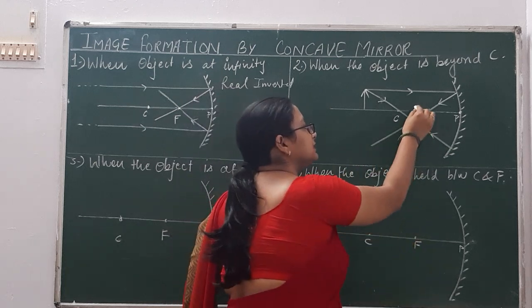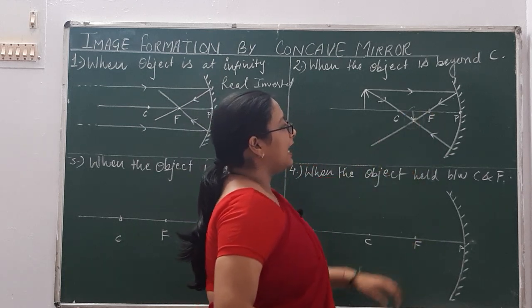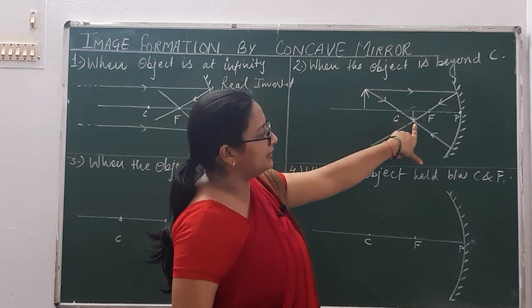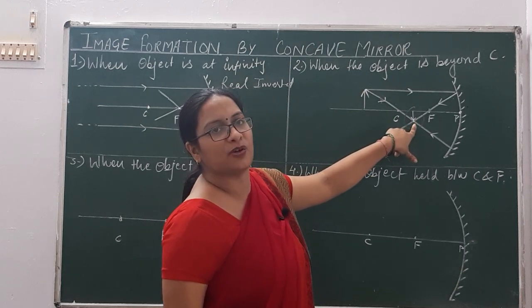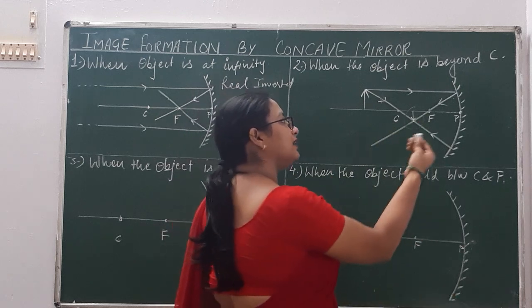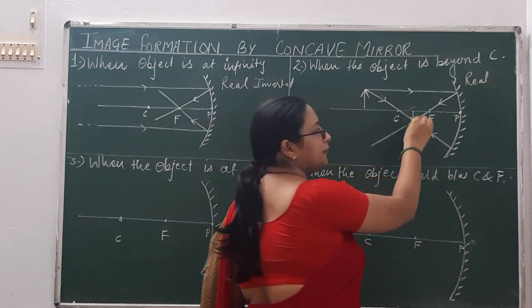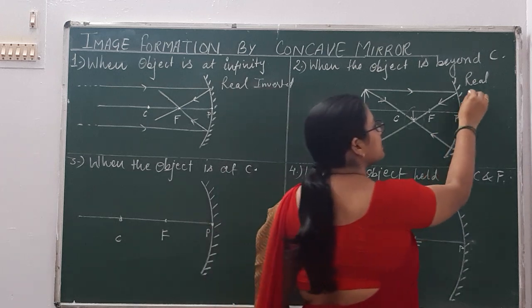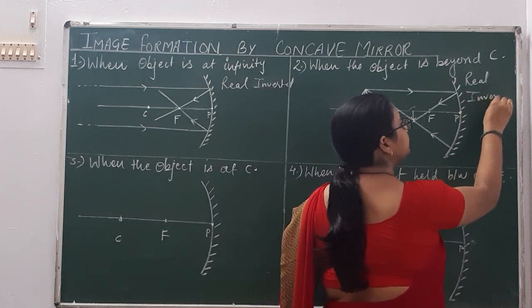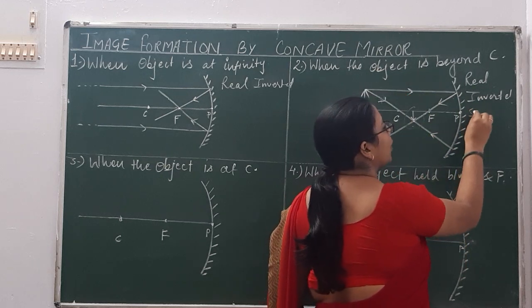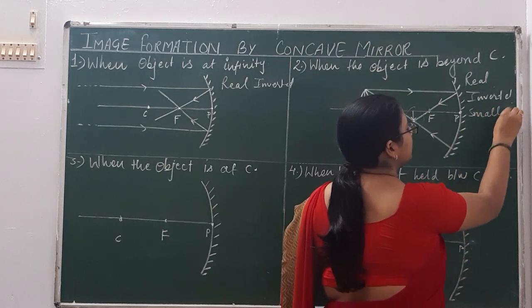So this is the position of image, and you can see the size of object and size of image. Here the size of image is smaller than the size of the object, and again it is real because it is a real intersection of two rays, and real images are always inverted.